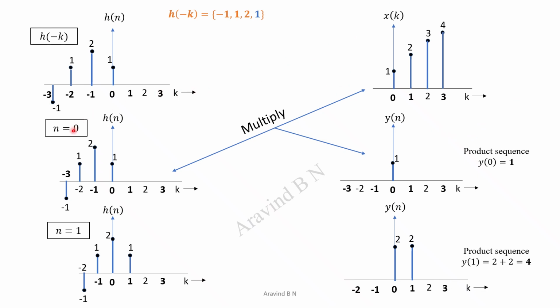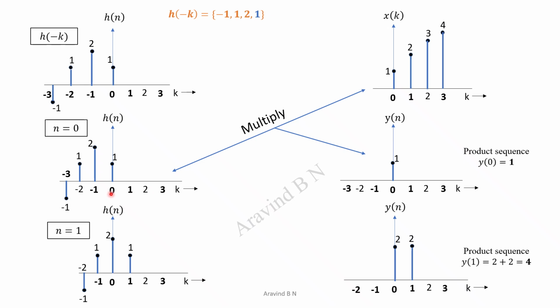Now at n is equal to 0, we have h of 0 minus k. What we just went through in the tabulation method, the same thing we will represent graphically. H of 0 minus k is the same as h of minus k. Now multiply these two sequences position wise.